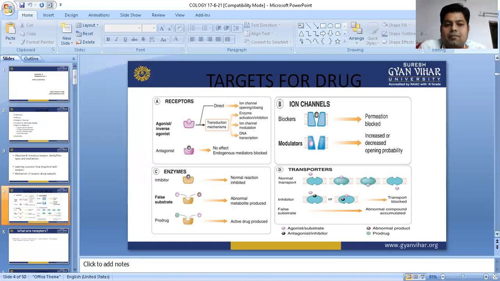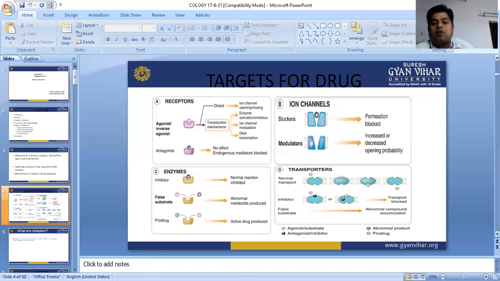Then the drug is going to bind with the receptor and it produces a response. This depends on when the drug directly comes in contact with the receptor, and in the meanwhile the receptor gives the response, that is called direct response, which is given by ion channel, ligand gated ion channel receptors.